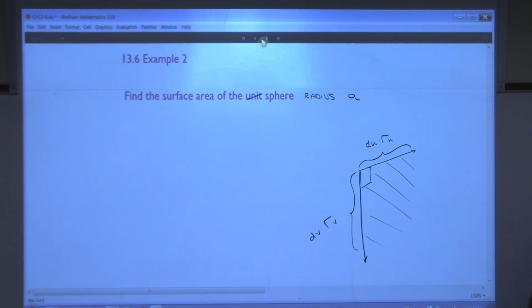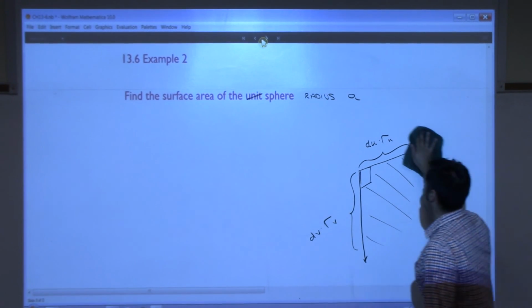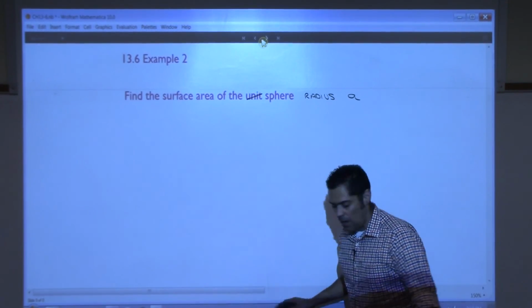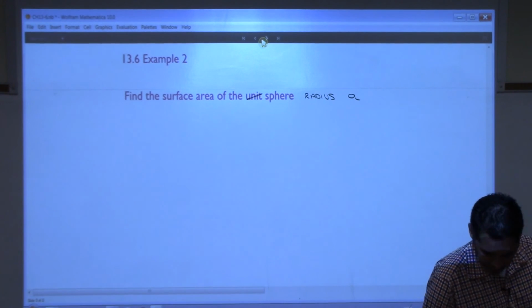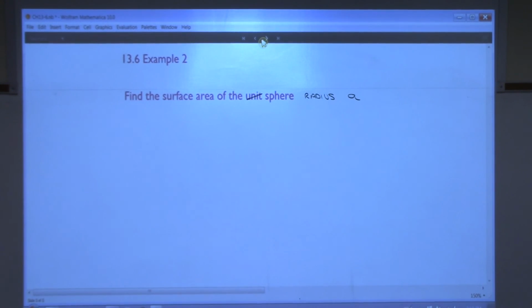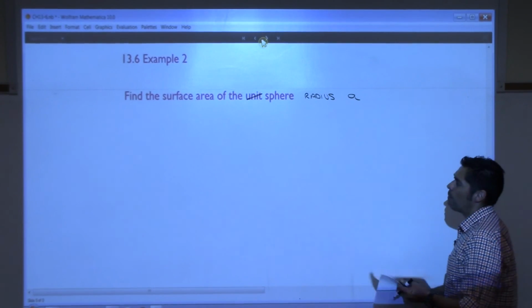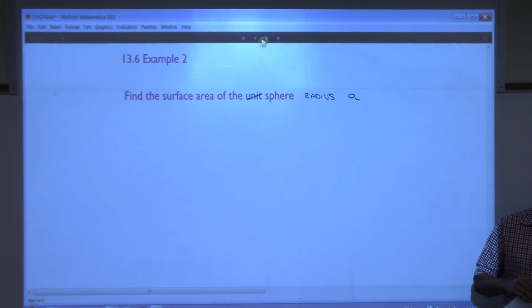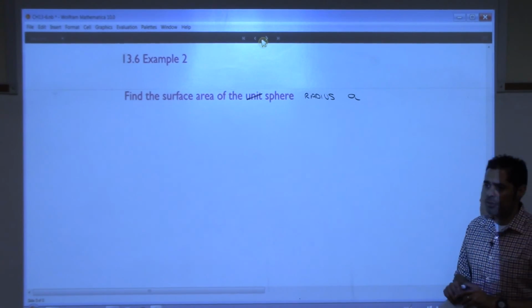Now, if you look this up in a book, what's the formula for the surface area of a sphere of radius r? If you don't know it, don't worry about it. 4 pi r squared is the formula. The area of a sphere of radius r is 4 pi r squared.